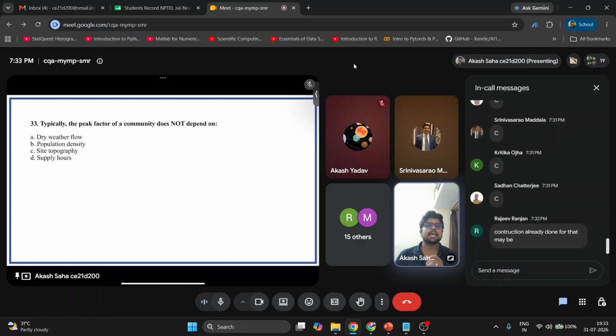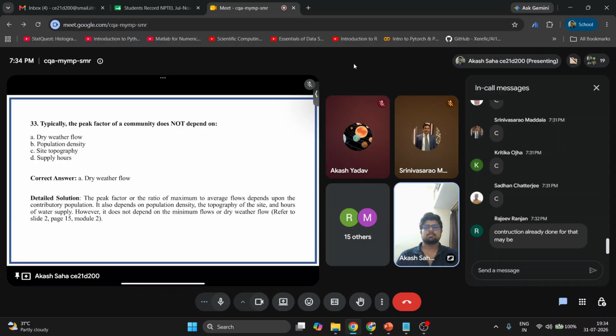Whereas the dry weather flow, that is the minimum flow in the sewer, the peak factor will not depend on. Population density, yes. Site topography, yes. Supply hours also, because based on the supply hours our usage will change. So peak factor can change, but the dry weather flow or the minimum flow will not change my peak factor.